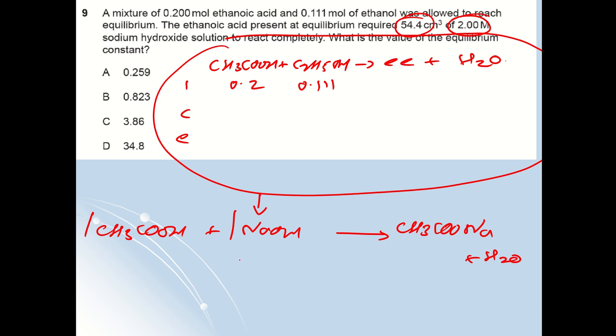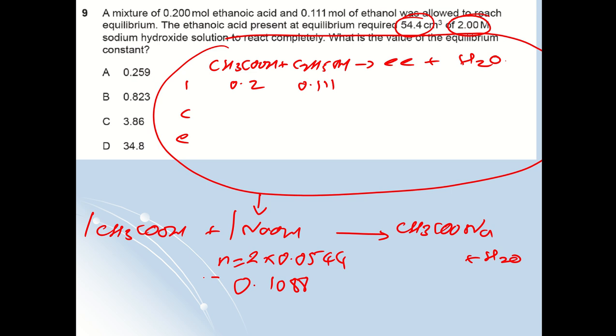Alright, now my number of moles of this, n equals c times v, which is 2 times 54.4 over 1,000, which is 0.0544. Okay, so let's just do that. 0.0544 times 2. So the moles of sodium hydroxide that reacted were 0.1088.